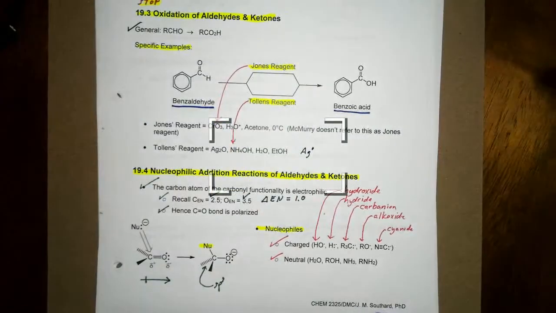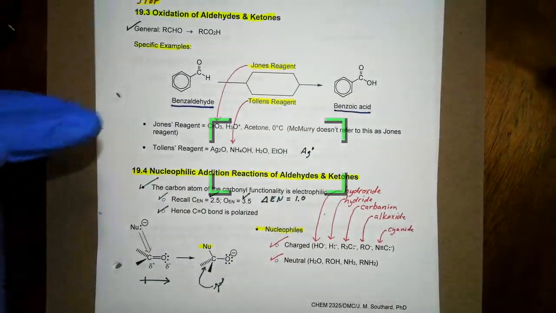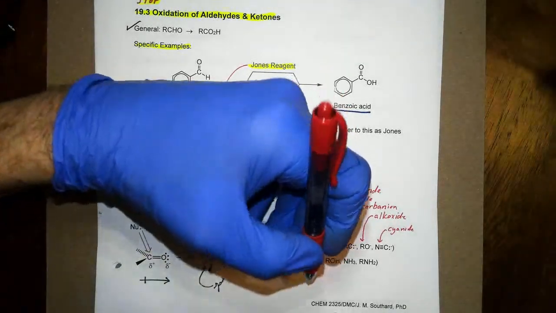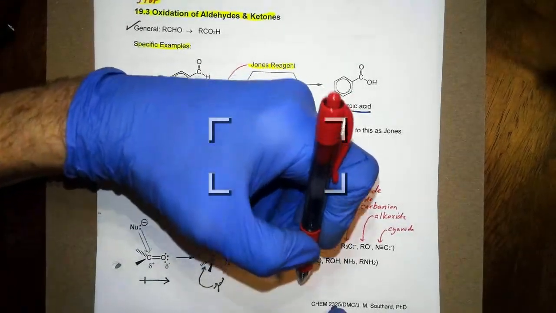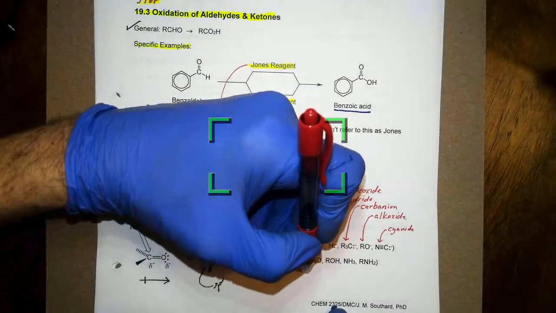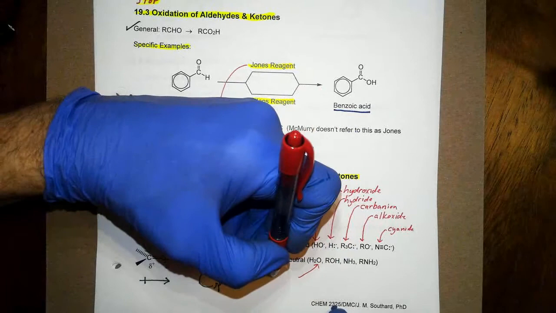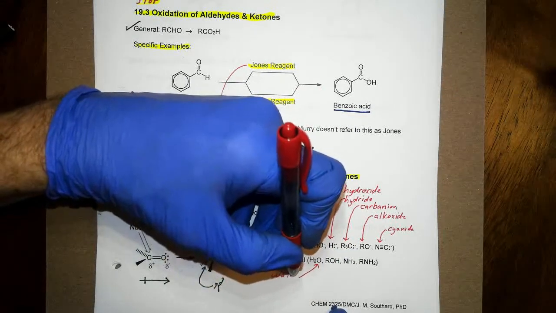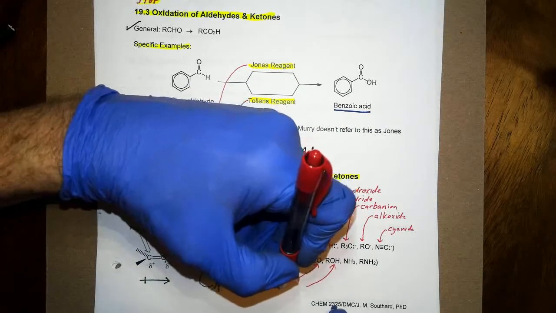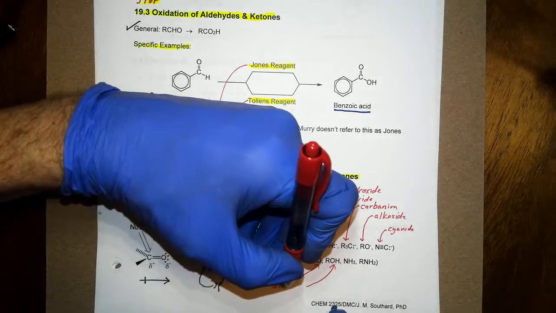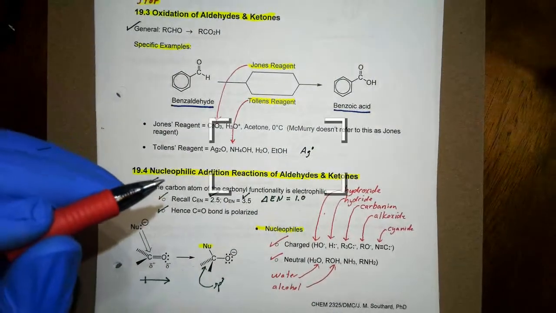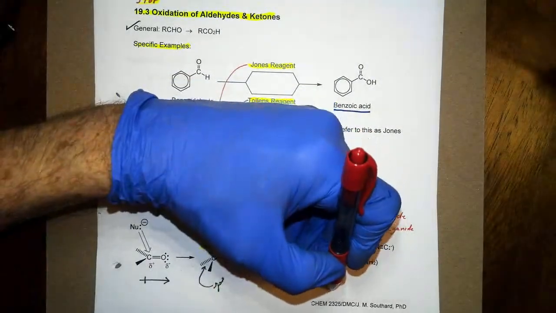Now, the nucleophiles that are neutral can be nucleophilic because they have lone pairs. Most of these have oxygen or nitrogen as the nucleophilic component. That would, of course, include things like water, which goes without saying. And we have alcohols. Alcohols have an sp3 oxygen that bears two lone pairs.